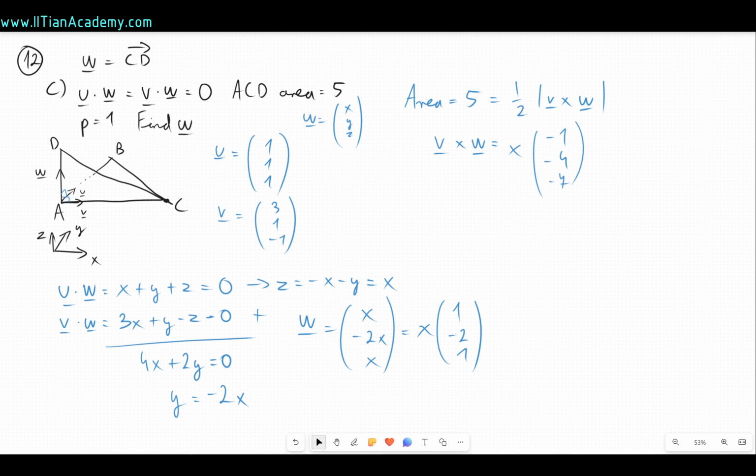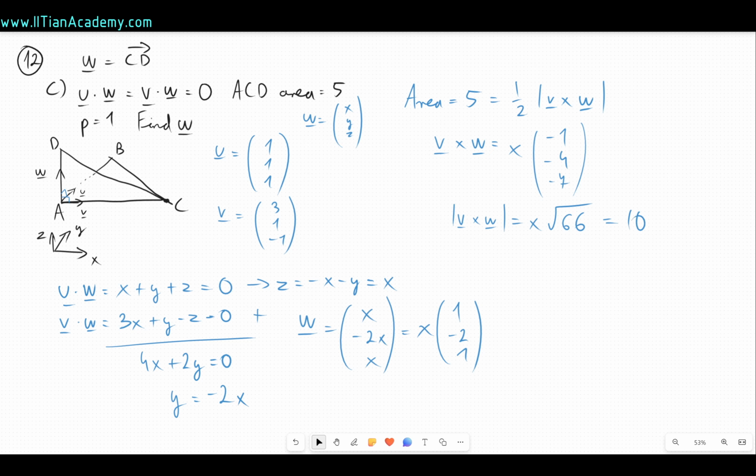Now we need to find the magnitude of this vector. So the magnitude of v cross w will simply be x times the square root of 1 plus 16, that's 17, plus 49 is 66, so that will be root 66. And we know that this has to be 10, if we take this 1/2 to the other side.